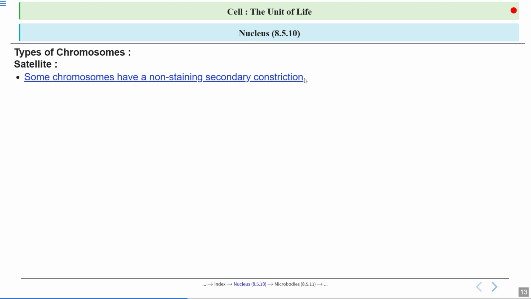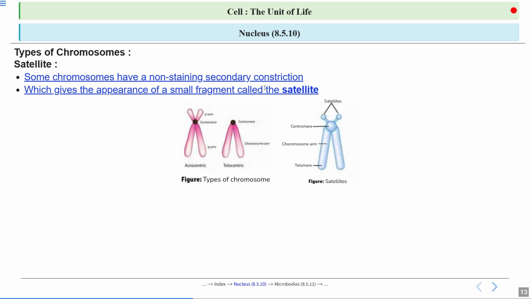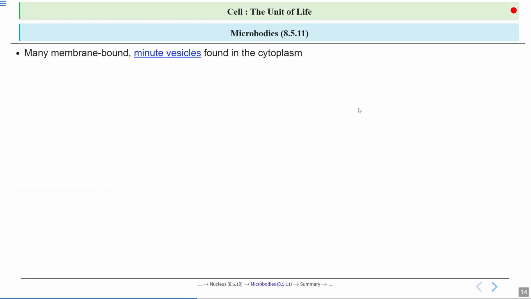Some chromosomes also have a secondary constriction. This secondary constriction gives the appearance of a small fragment called the satellite. So this is a secondary constriction. These are known as satellite DNA. So this was about the nucleus, the chromatin and the chromosomes.